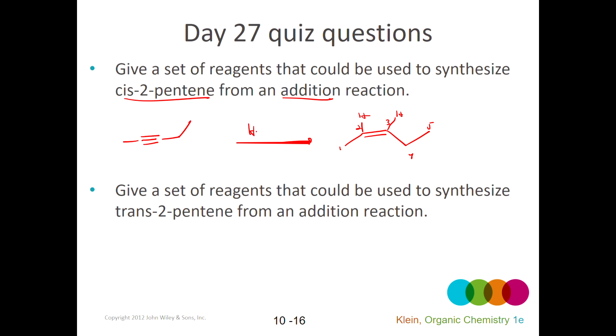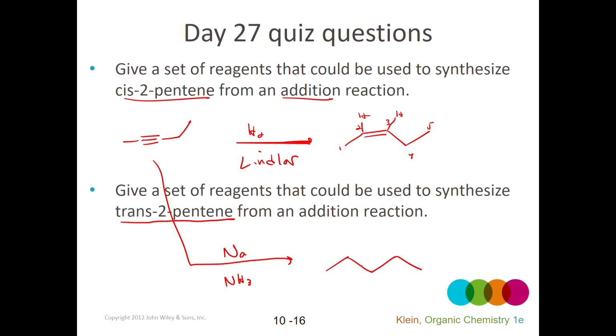And that would add H2 and the Lindlar catalyst. That gives me the cis addition. If I want to make trans-2-pentene, I would start from the same reactant, but I would use sodium or lithium and then NH3. And that would give me trans-2-pentene.